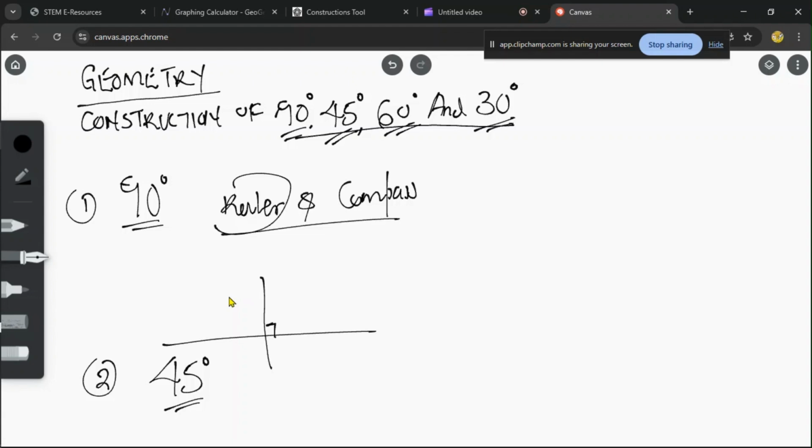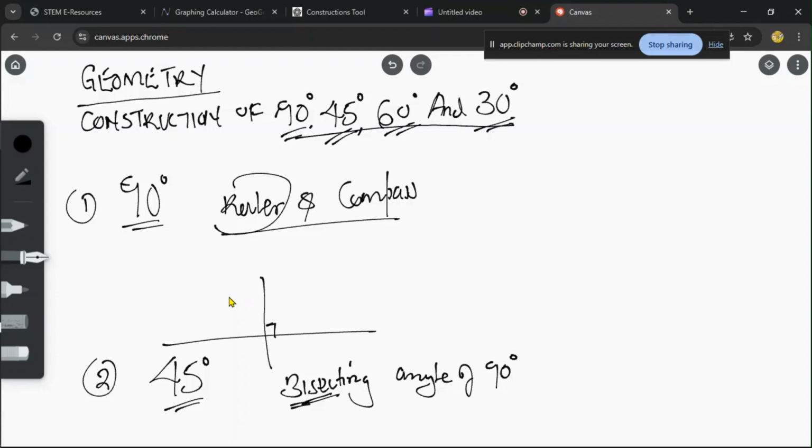So to divide this angle of 90, we call it bisecting an angle of 90 degrees. So to bisect is to divide into 2. So I want to divide 90 into 2 so that I'll get 45.